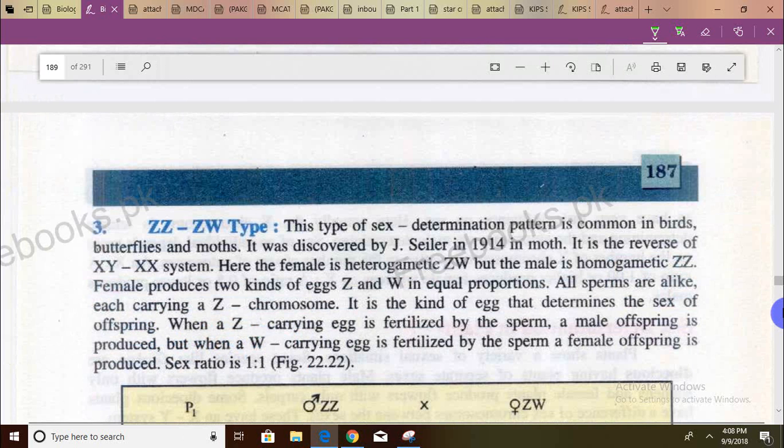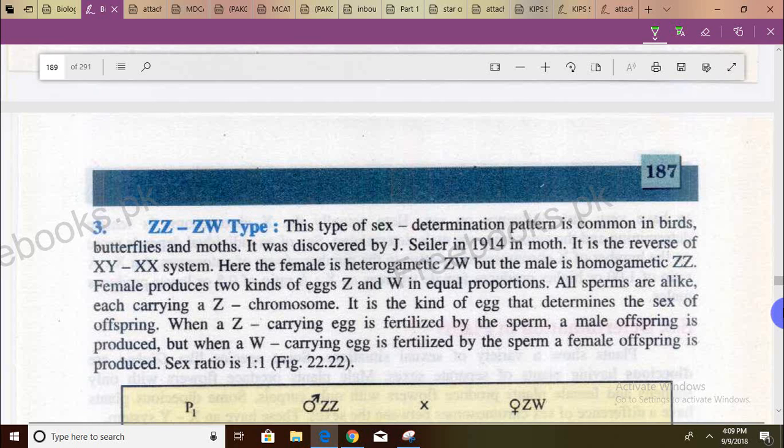Now for the third one, it's the ZZ and the ZW type of inheritance, and this is common in birds, in moths and butterflies, and these are all the sort of creatures that can fly, so if that makes it easier for you to remember.